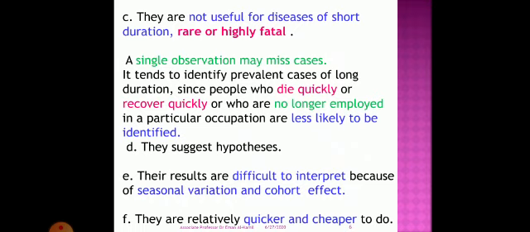They suggest hypotheses. By the end of this study, we are going to assume a hypothesis. For example, anemia is more likely to occur among school children at a younger age group. So this is a hypothesis.